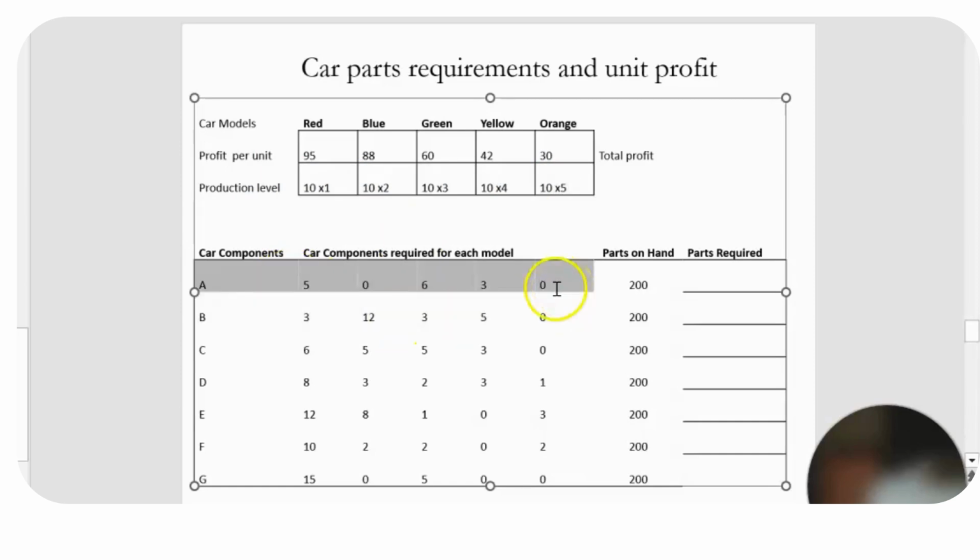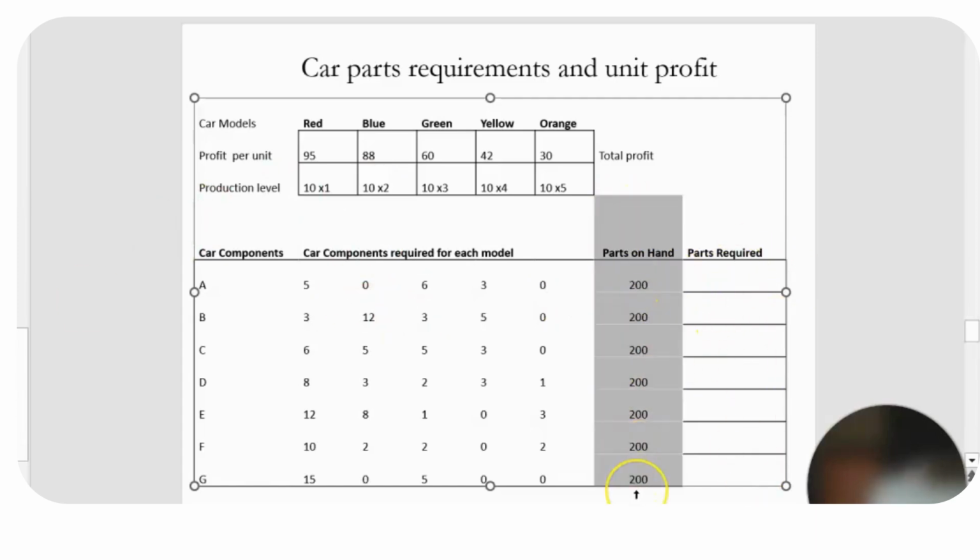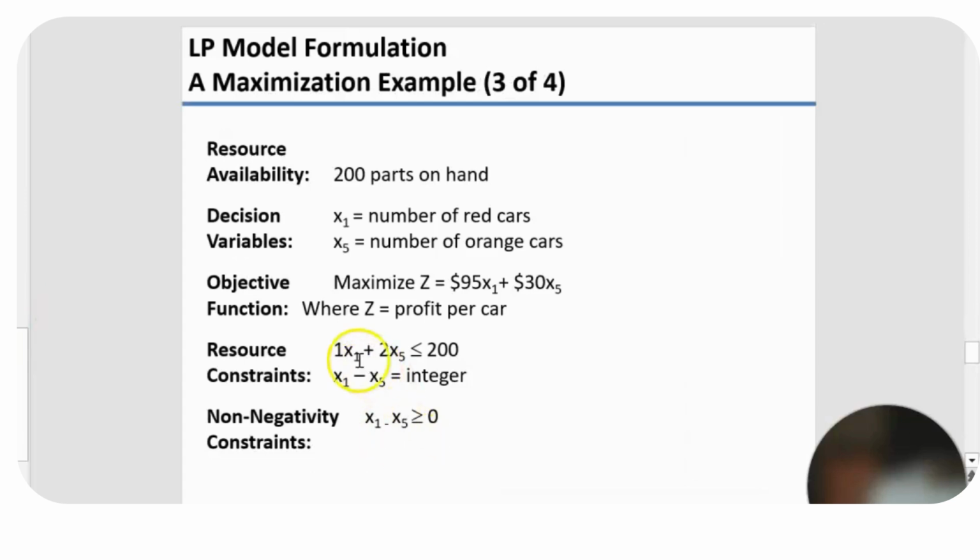So what we mean here is parts required should be less than or equal to parts on hand, as we can see here. That's what they mean here, that x1 times its levels of production times its car components plus x5 times its car components should be less than or equal to 200. So we shall get back there when we start our calculations.